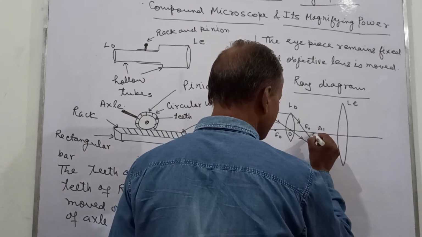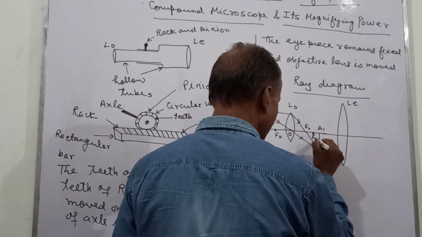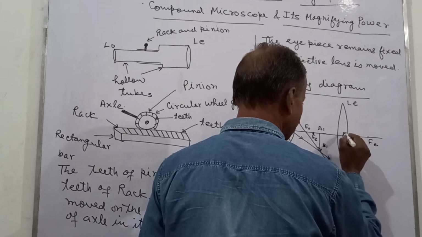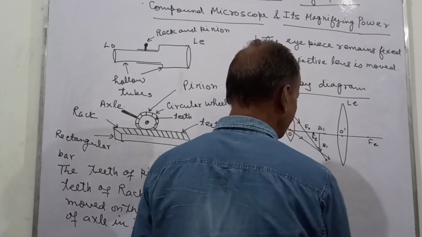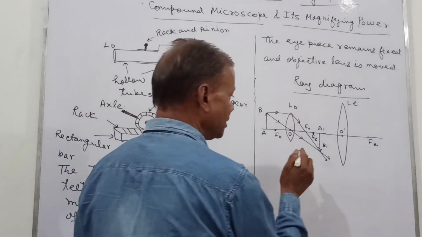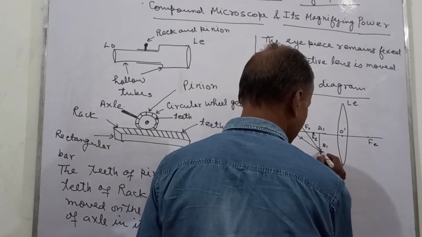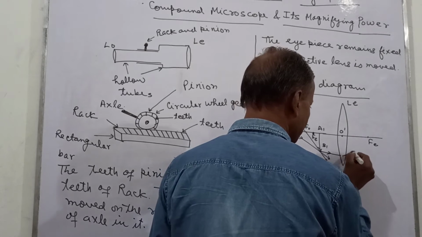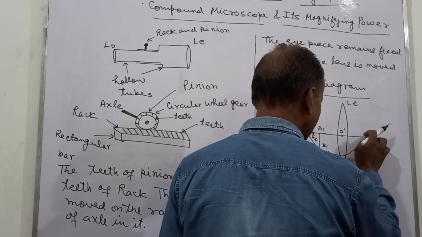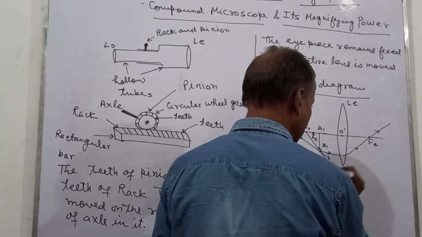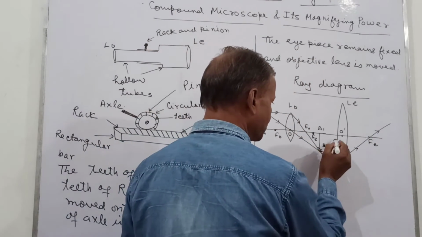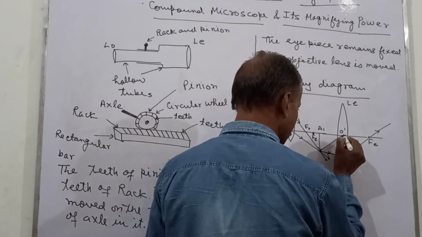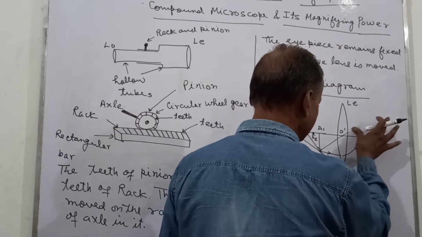So let this be the focus FE, this is the focus FE, and this is the optical center OS. Now the light ray that starts from here parallel to the principal axis will pass through the focus like this, and another ray will pass through this optical center.